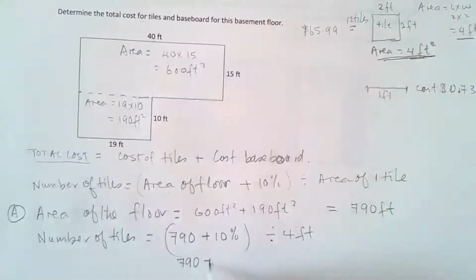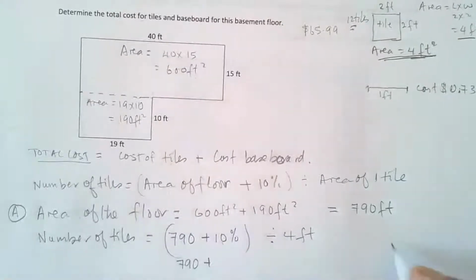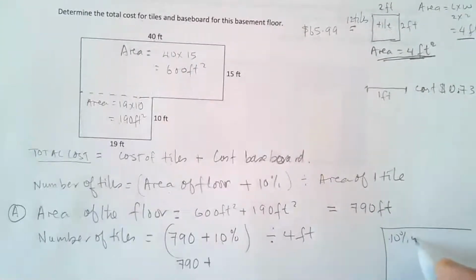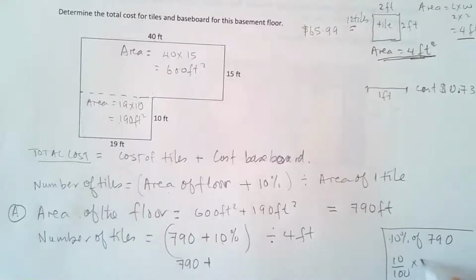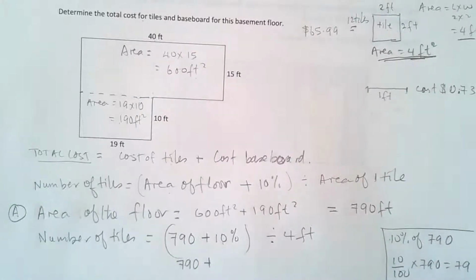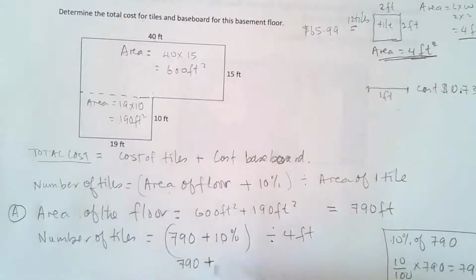So 790, now 10%. 10% of 790 is 10 divided by 100 times 790, which is equal to 79. Now this is a long way of doing it, but this is a shorter way of doing it.